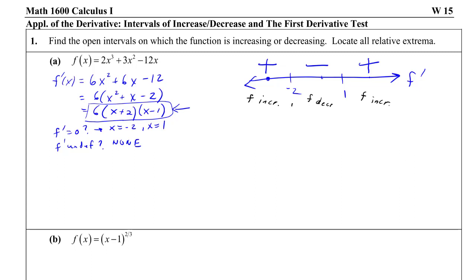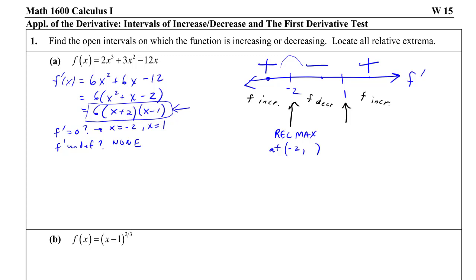That also tells me about what's happening at -2 and 1. Before -2 it was increasing, and then after it was decreasing, so it must have topped out there. So that's a relative max at -2, something.